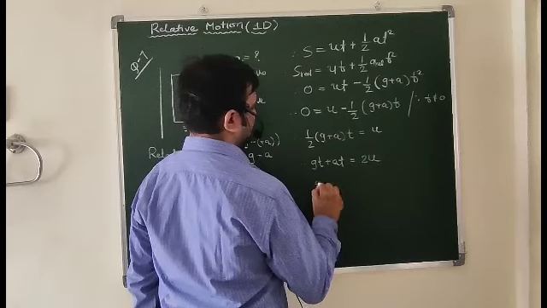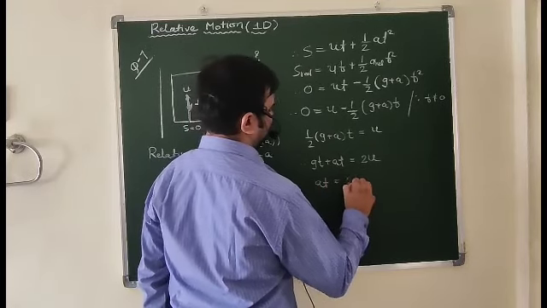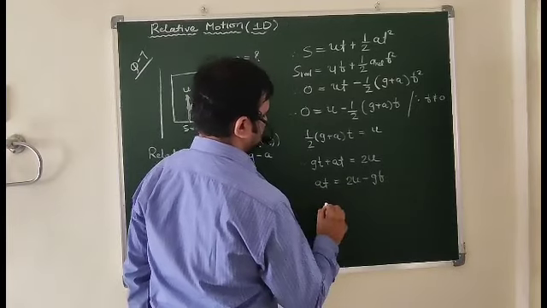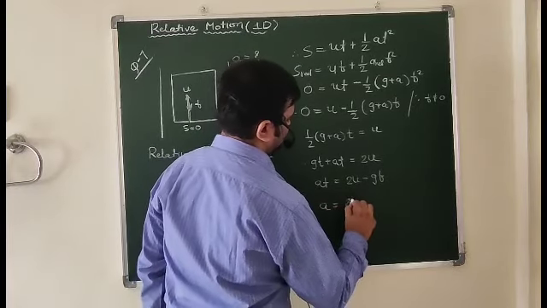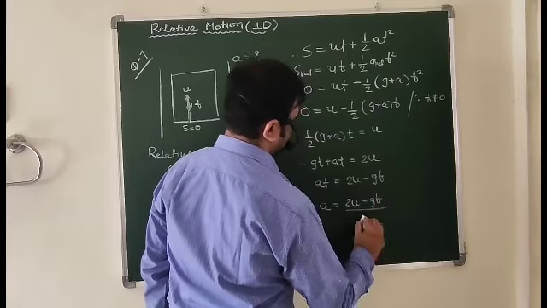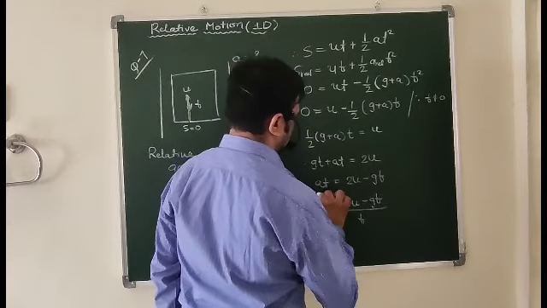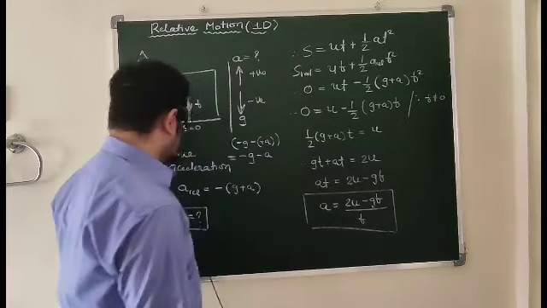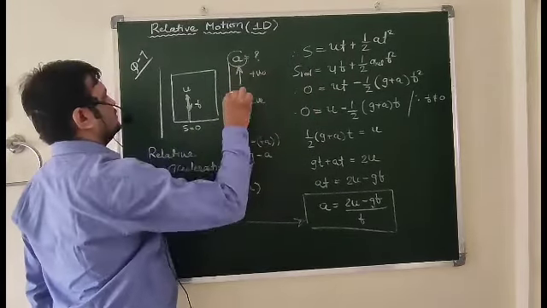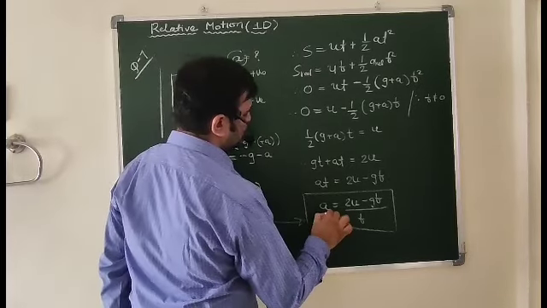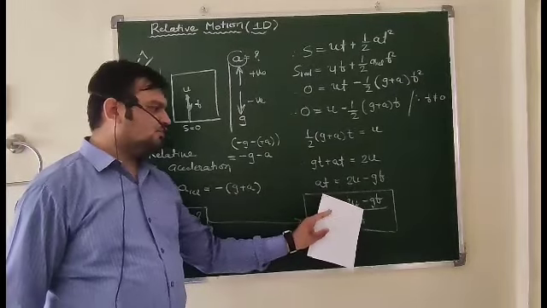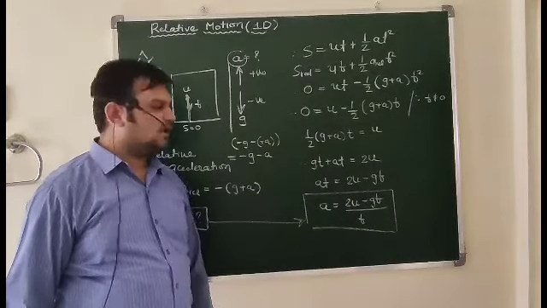Therefore at is equal to 2u minus gt, and a is equal to (2u minus gt) divided by t. So ultimately this is the answer, the expression for the acceleration of the lift: 2u minus gt divided by t.